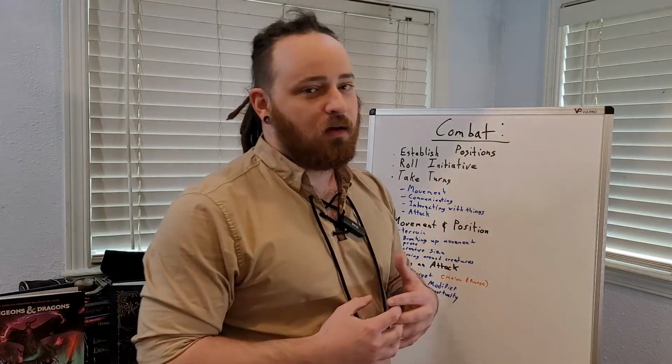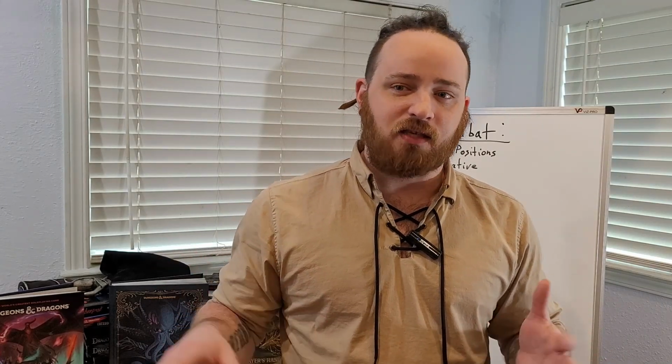Finally, the attack. Attacking is where a lot of people get confused. For the beginning of any campaign, if you start at level 1, which is fun in my opinion, you're only going to be able to attack once, right? Certain things will let you do a secondary attack as a bonus action.